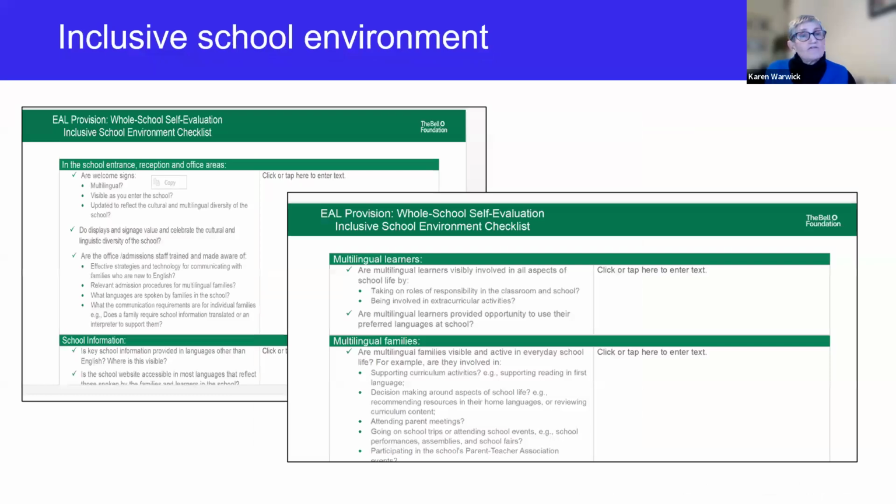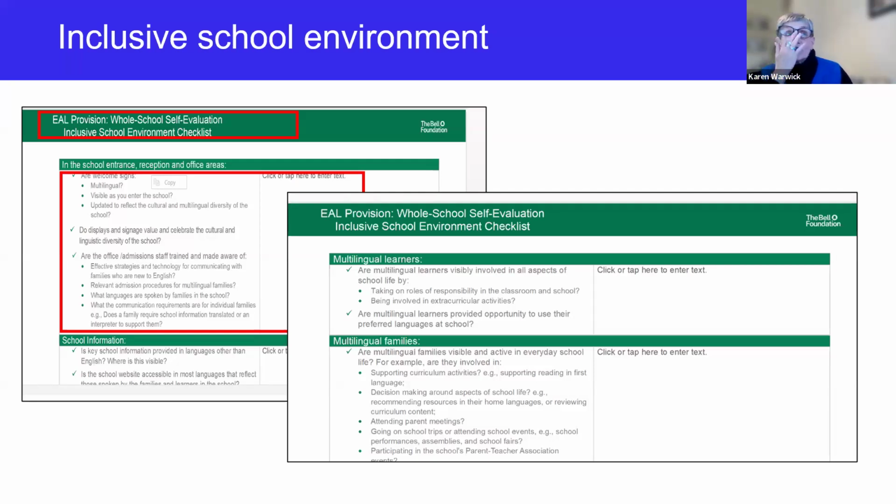So the inclusive school environment proforma is a checklist of questions in different categories, and under each category there are questions to guide you in this process. Again, as Caroline said, not all the questions can be addressed.